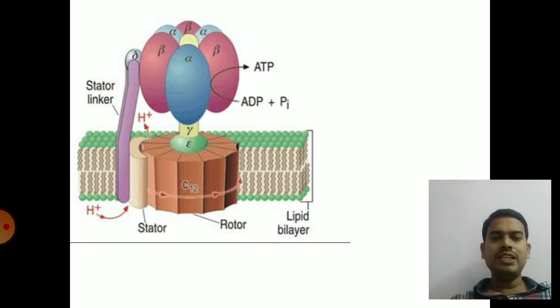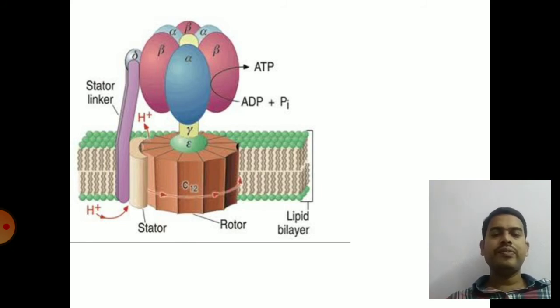So the ATP synthase comprises subunits: 3 alpha subunits, 3 beta subunits, gamma, delta subunit attached to the beta subunit, epsilon, and C 10 to 12 subunits which are embedded in the inner mitochondrial membrane. This is the ATP synthase structure.